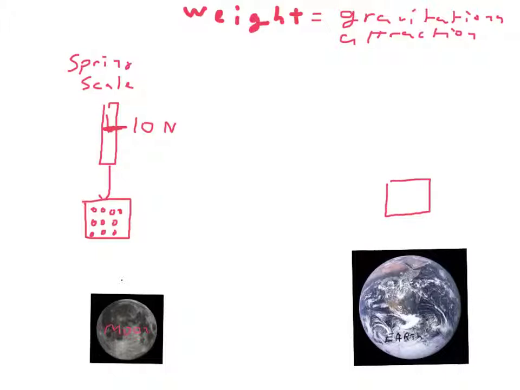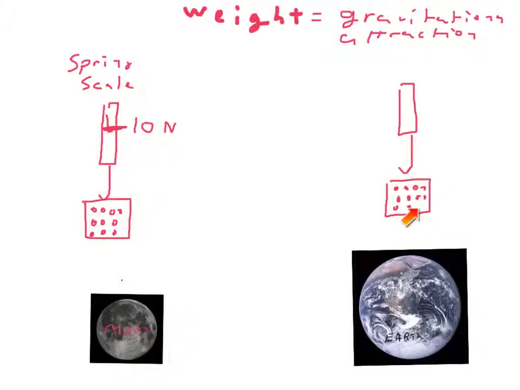How many particles would it have in it? Yep, it would still have 10. But let's hang it from our spring scale. And it turns out it would pull much harder on the spring scale.